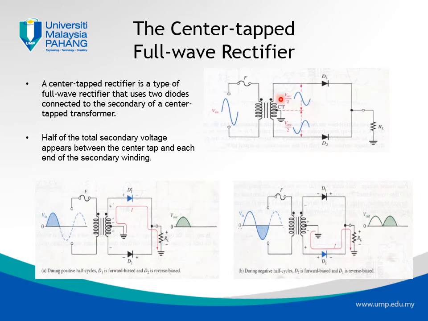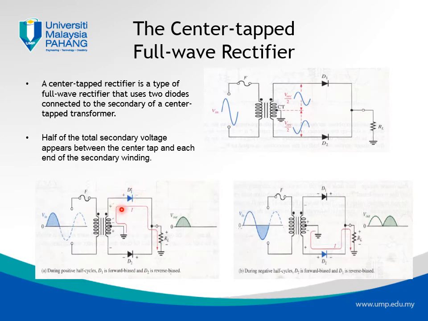So it will have V secondary over 2, assuming that we have 1 ratio, right? So what will happen is, if we look in the first part where we have the first half of the waveform from 0 to half of the period, when the voltage is positive, when you look at D1 and D2, it is D1 that is in position of forward bias.